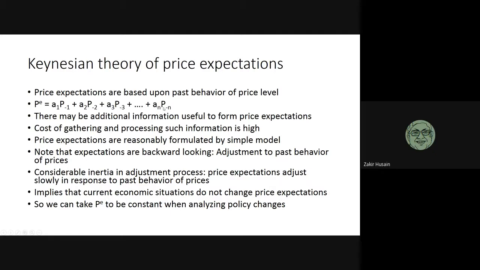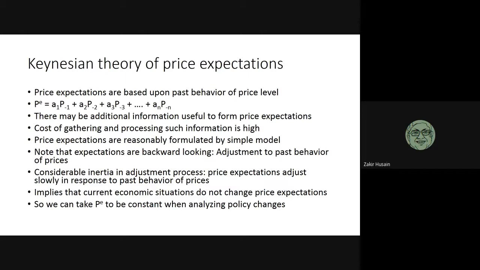But suppose the economy was in depression so far, and now I expect that the economy is going to rise. So past information is not enough. I also require information about the future. What is going to happen in the future? The problem is that there's a cost of gathering and processing such information.